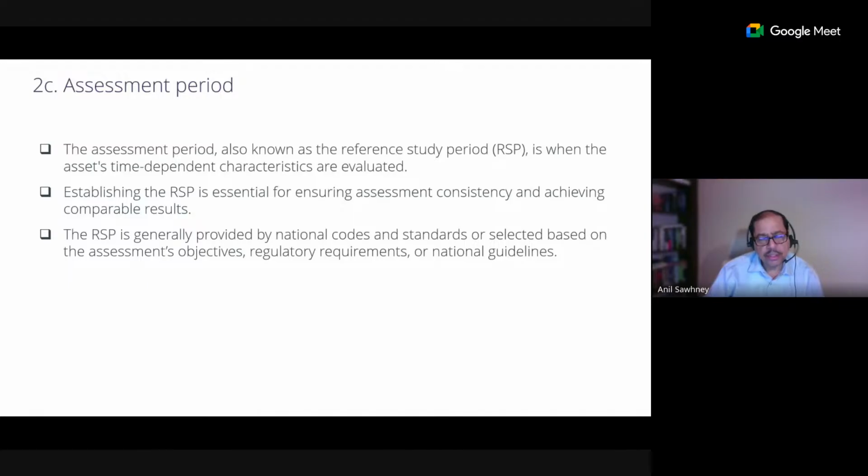The reference study period generally varies by nation. In the UK, as I mentioned, it's a 60-year RSP for a building. So if you're doing an assessment for a building project, you have to do 60 years' worth of calculations. If you're doing it for an infrastructure project, it's typically 120 years. So just think about it. You're estimating 120 years into the future. So it's a tricky task.